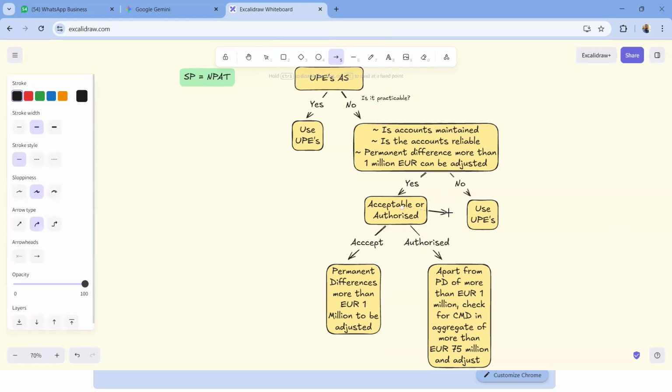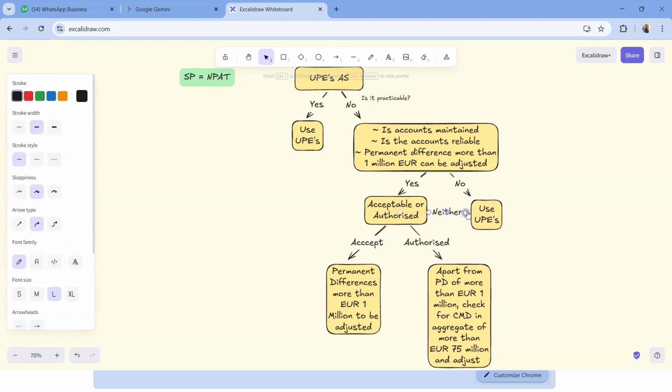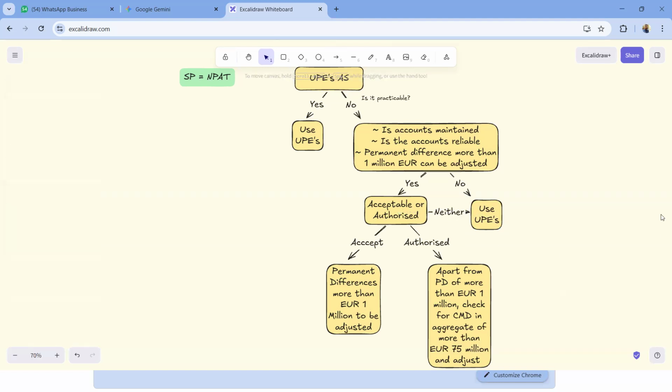If it is neither acceptable nor authorized, then you have to use UP's. Let's say it happens because a lot of Islamic financial statements and all come. So let's put that for clarity there also. If it is neither accepted nor authorized, then you have to use UP's. Is that clear? Your question, Melvin?